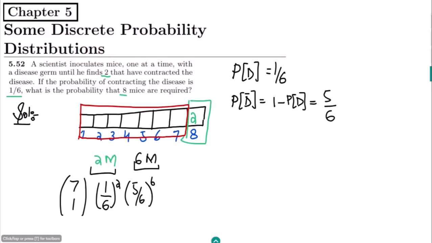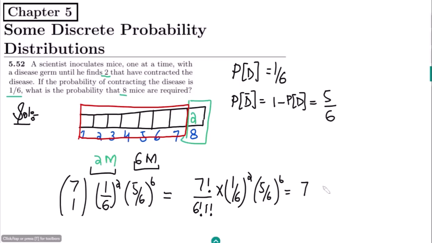Writing it here, it would be 7 factorial divided by 6 factorial into 1 factorial multiplied by 1 by 6 raised to power 2 and 5 by 6 raised to power 6. So here we will have 7 multiplied by 1 by 6 raised to power 2 and 5 by 6 raised to power 6.